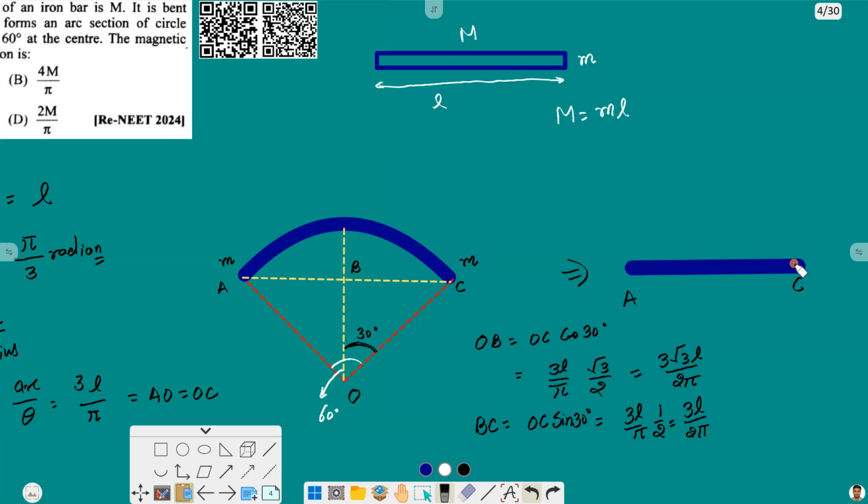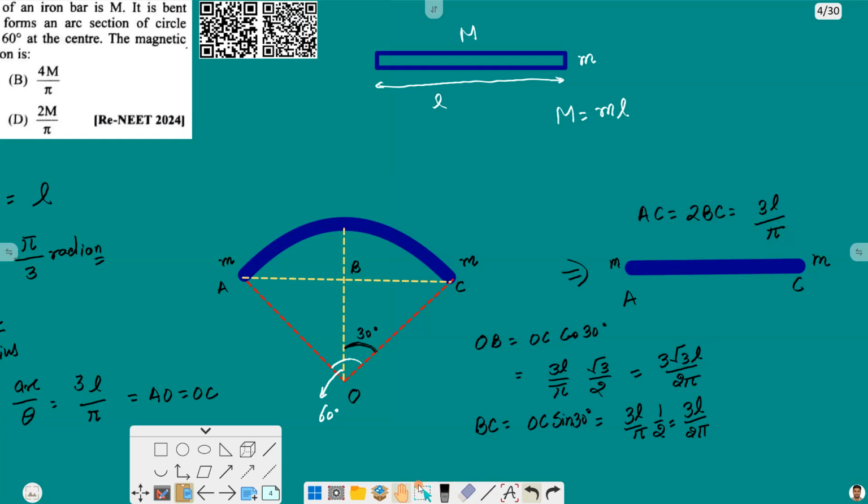So pole strength will stay the same, pole strength will be M, and now AC is equal to twice of BC, and BC is equal to 3L by 2 pi. So AC will be 3L by pi.